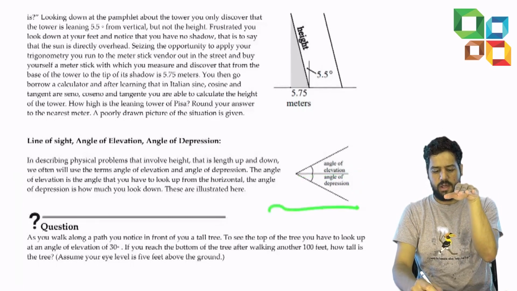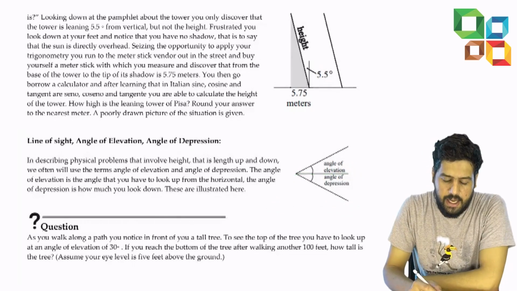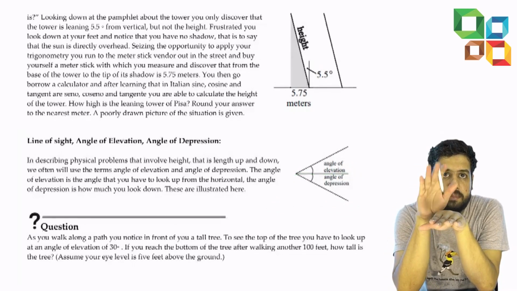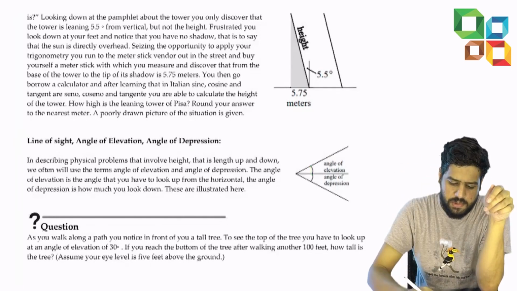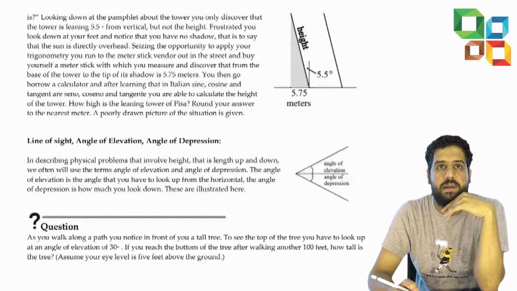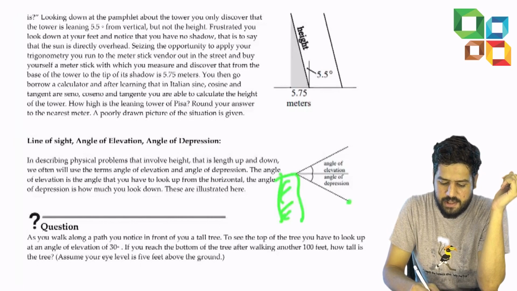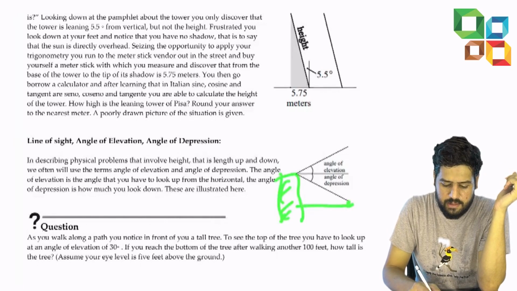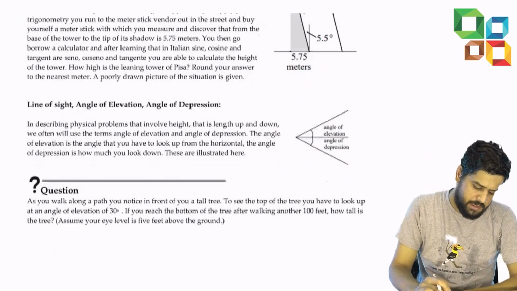So this is your ground. This ray is where your eye is at. And if you're looking at something above, it's called angle of elevation. Suppose a tower is here. This angle is called angle of elevation. If you are at the top of a tower and you're looking at something down, then this angle is called angle of depression.